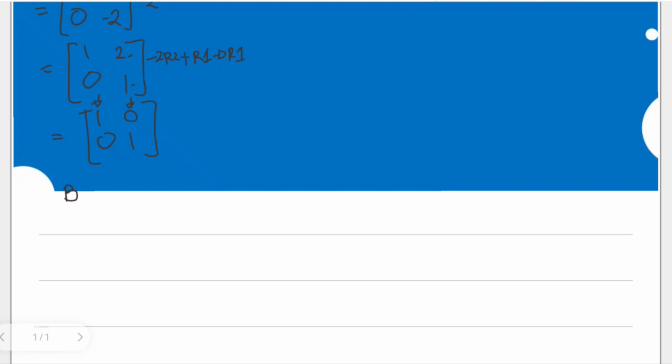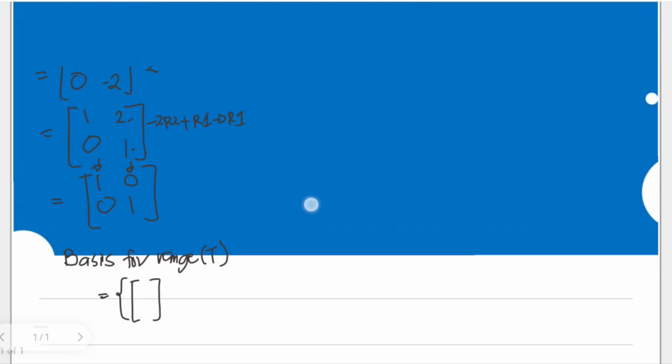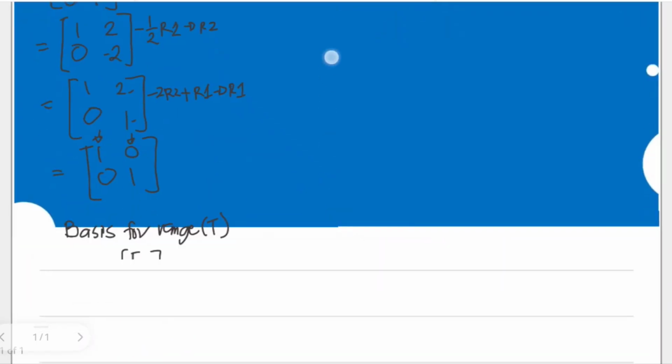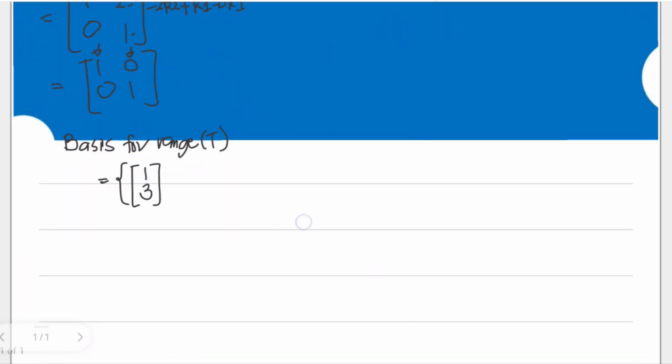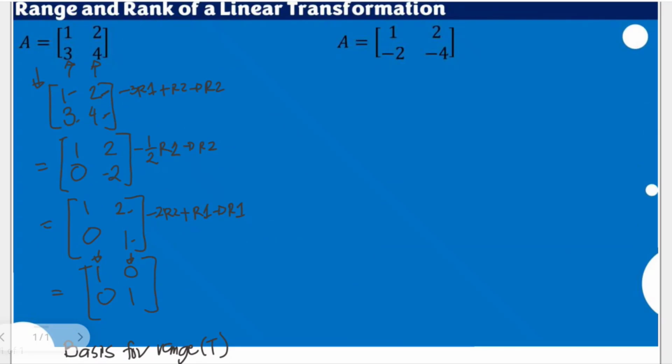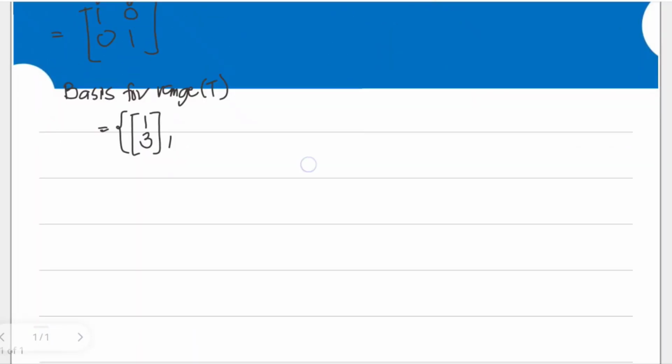The basis for the range of T for this first matrix is a set containing the two columns. We have here 1 and 3, and we also have the column 2 and 4.